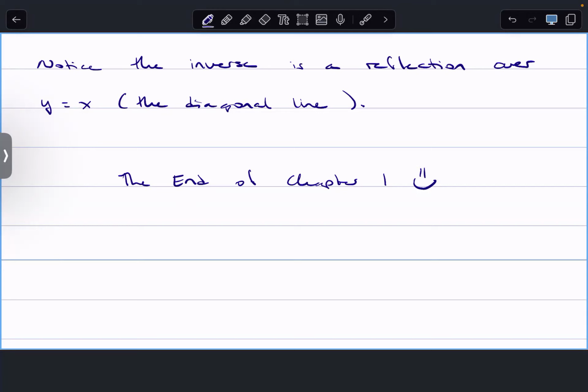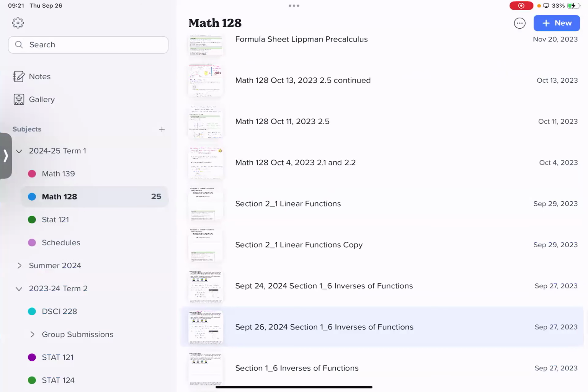So chapter 1 introduces a lot of concepts, mostly about functions and things that we need to have a handle on. And what gets kind of weird in chapter 2 is now we're going to go back to linear functions, just straight lines, y equals mx plus b type of stuff.